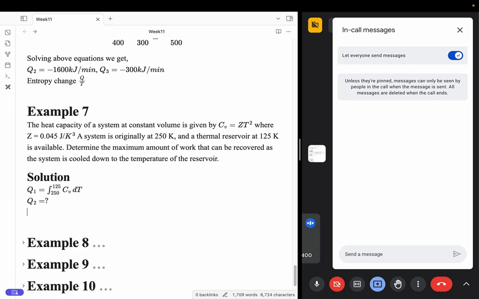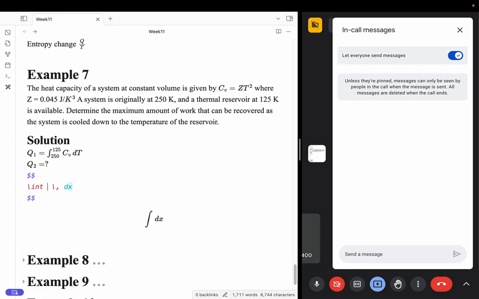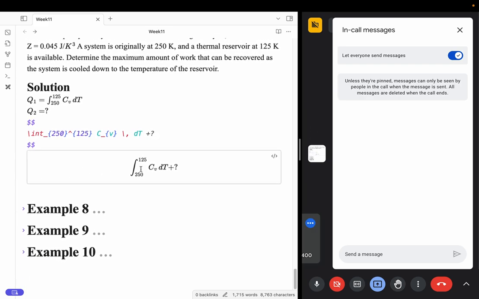So how do I calculate Q2? So what should I write here?